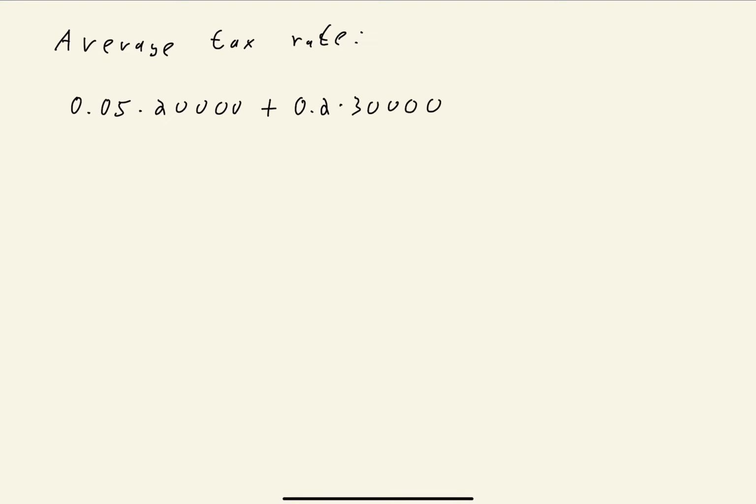And then we covered 50,000 of the total taxable income, and the remaining 25,000 will be taxed with 50%. So we add 0.5 times 25,000. And if you calculate this, this is equal to 19,500.